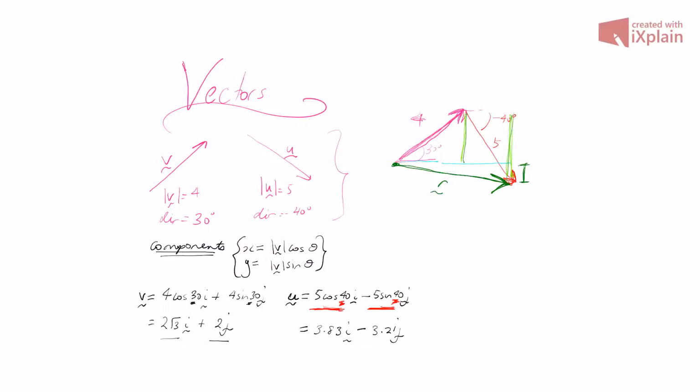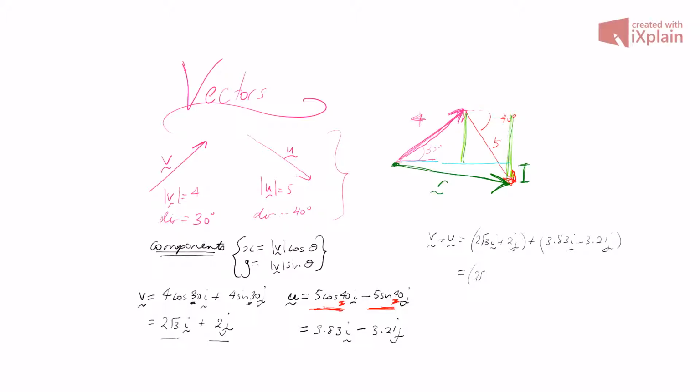So then when we add them together algebraically, we can go v plus u equals 2 root 3 i plus 2 j plus 3.83 i minus 3.21 j. And remember, when you add vectors together, i's go with i's, j's go with j's.